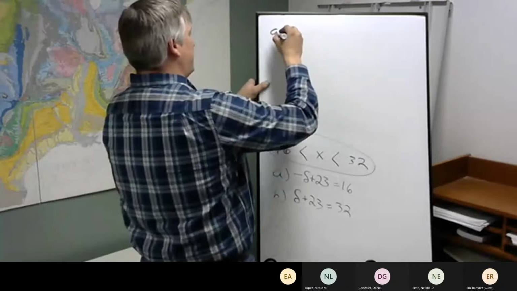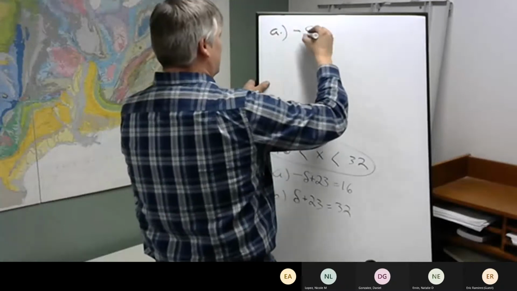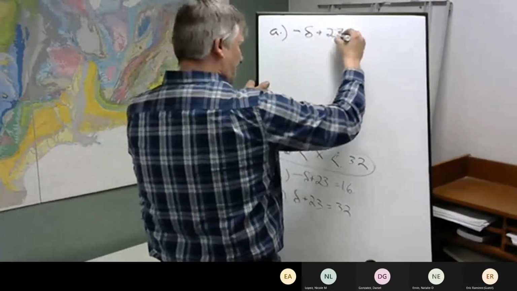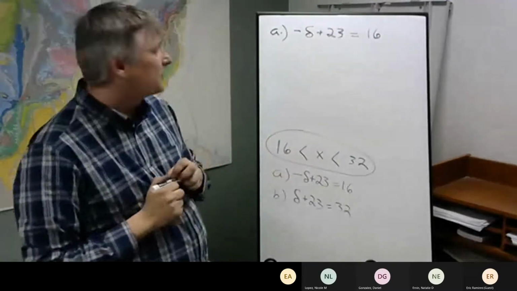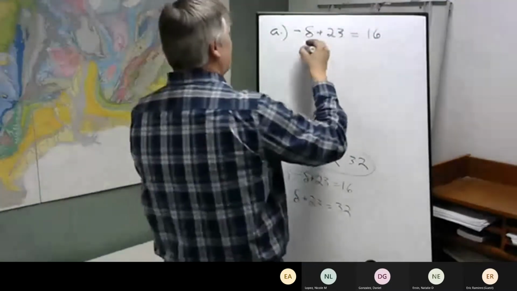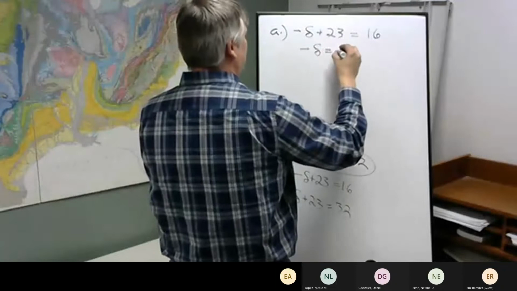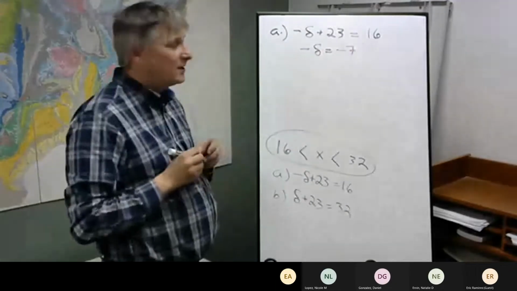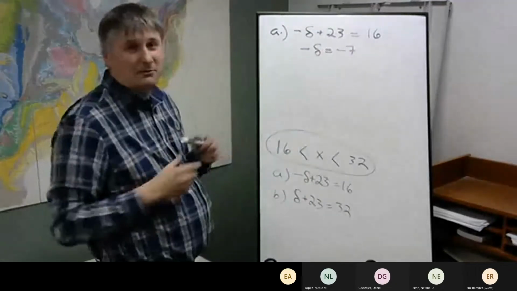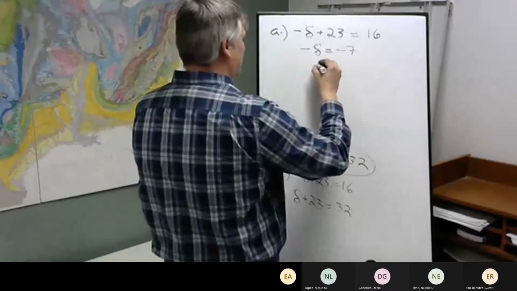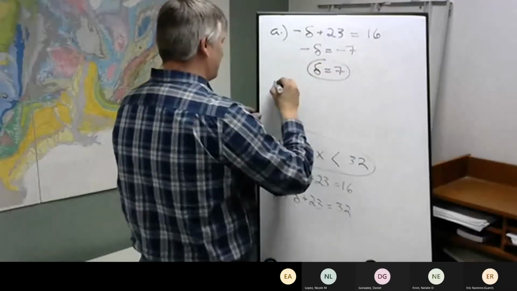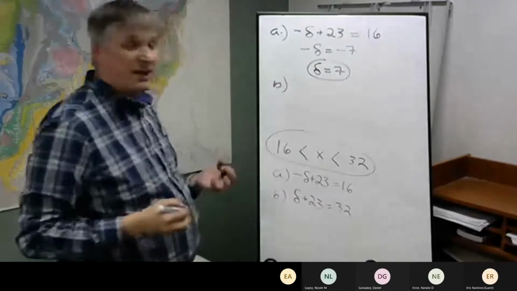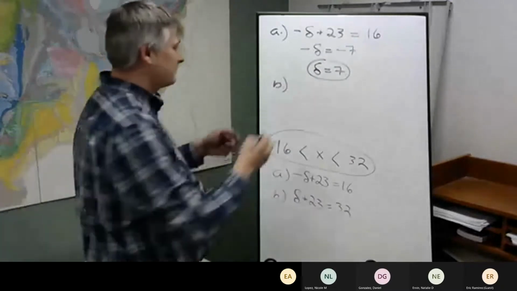So solving for A here, we're solving the problem in A. Subtract 23 from both sides. Negative delta is negative 7. Multiply by negative 1 all the way through. Delta is 7. So now let's take a look at part B here.